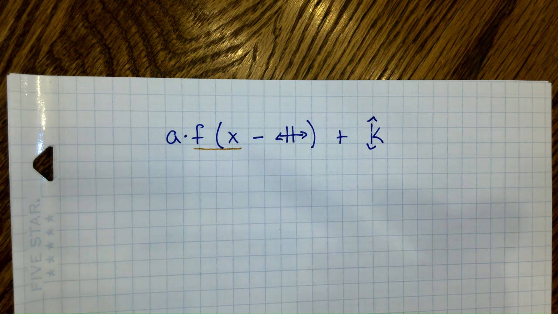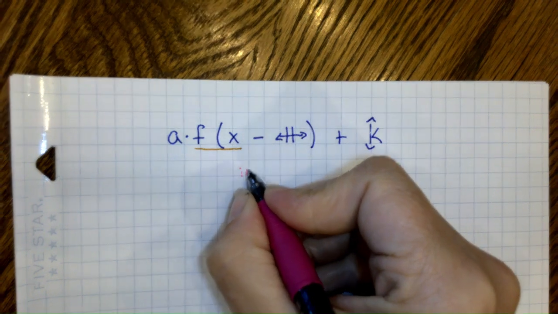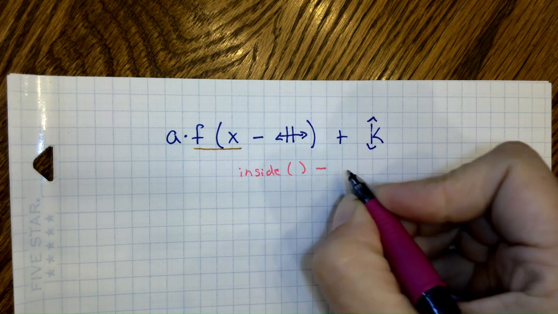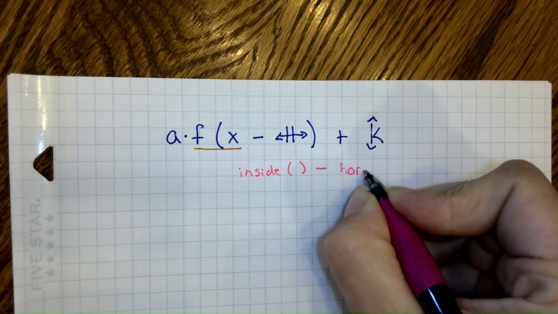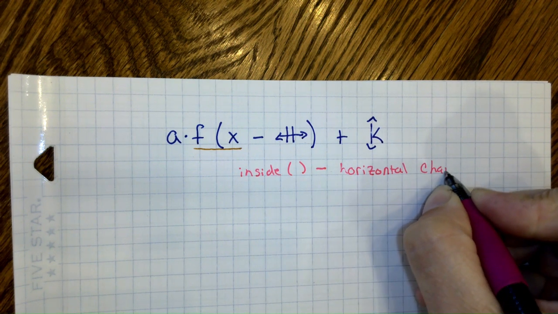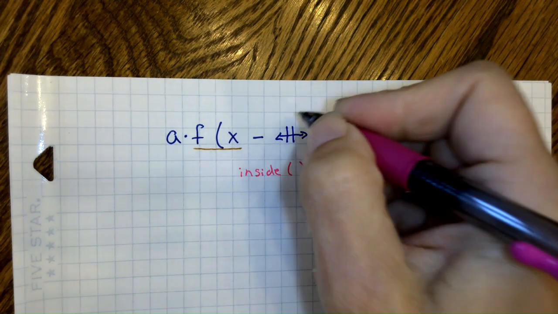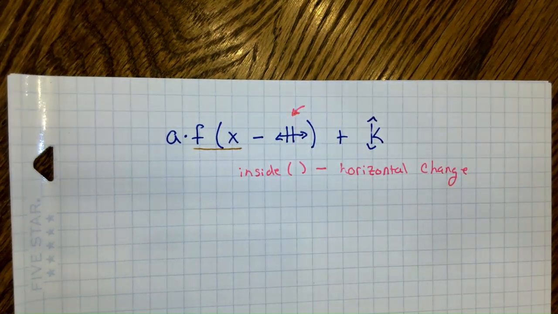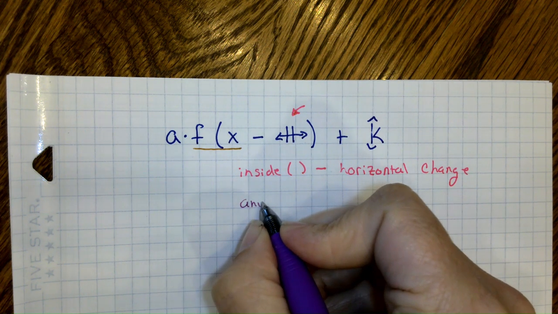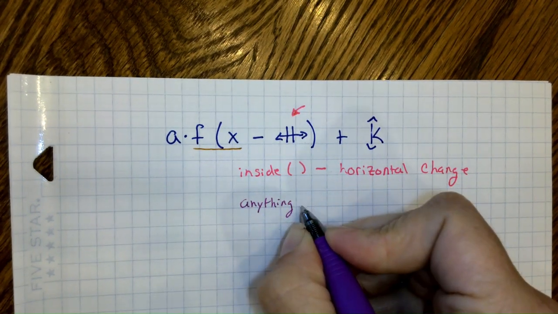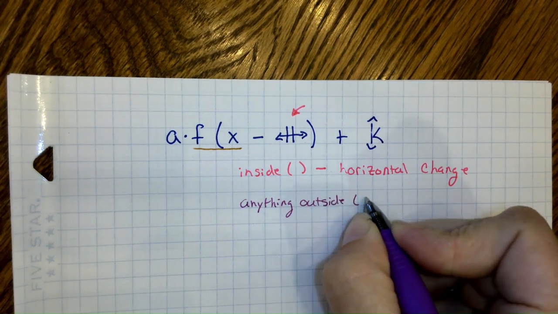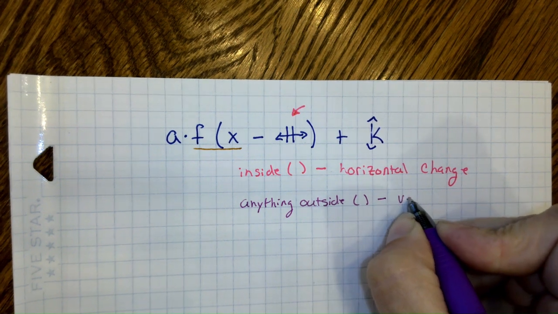Anything on the inside, if it's inside the parentheses, it will cause a horizontal change. Anything outside will have a vertical change.